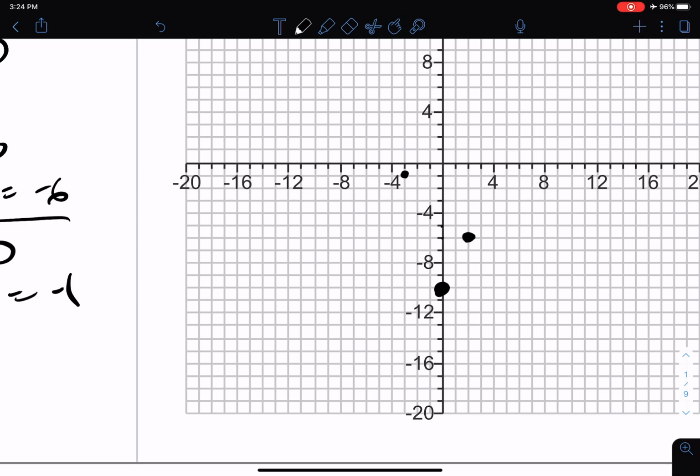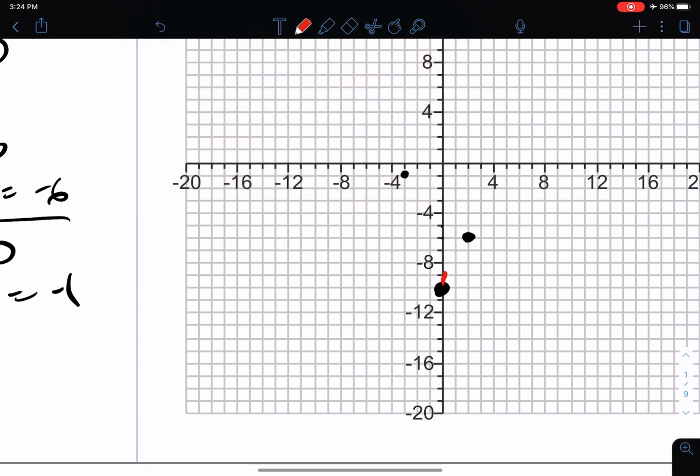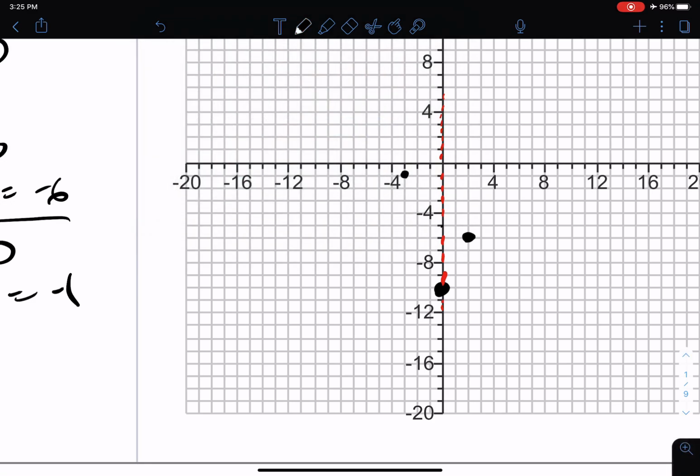Now, we don't really know for sure, but if this is the line of symmetry at this point, meaning if I folded the parabola on that line, the right side would land on the left side. If that's true, then, now when you graph this, by the way, you're going to graph 3 points using MyLab.